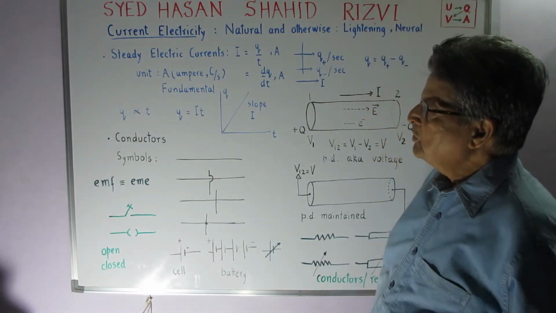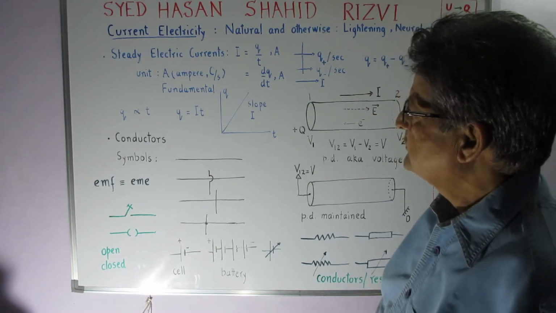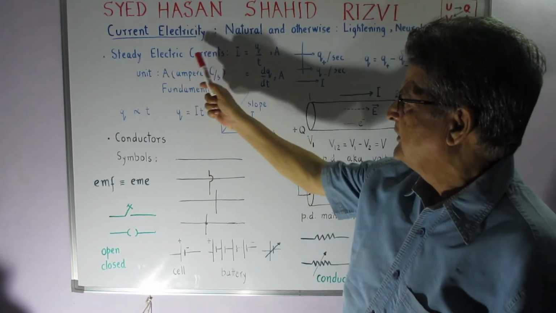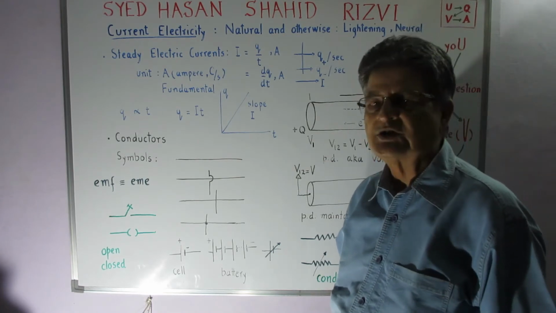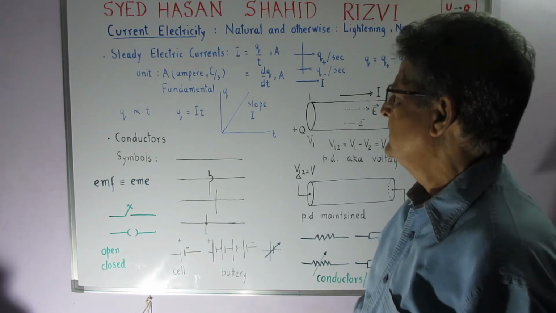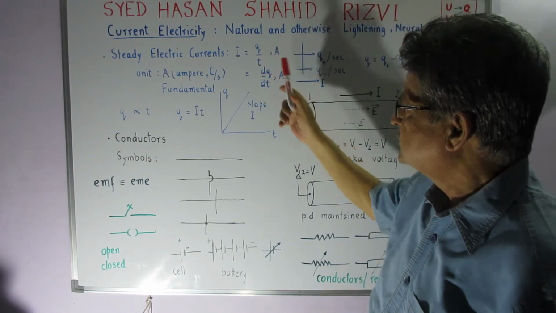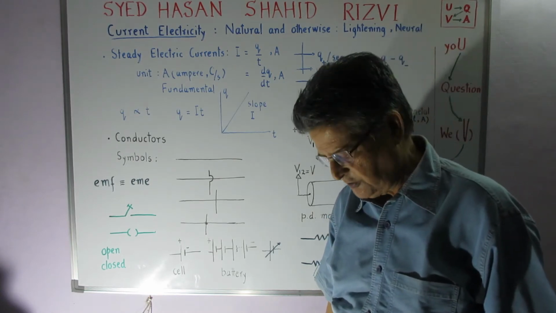What I'm going to talk to you about initially is steady electric currents. An electric current which is steady, that means it doesn't change, is created by the transfer of charge from a level of potential to another level of potential.